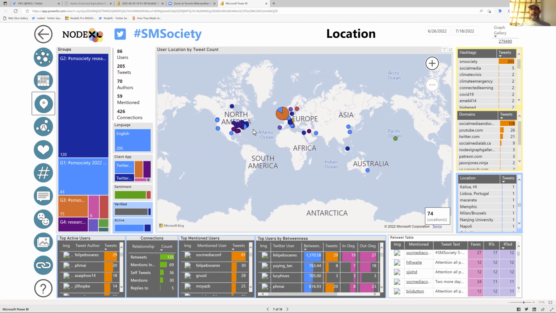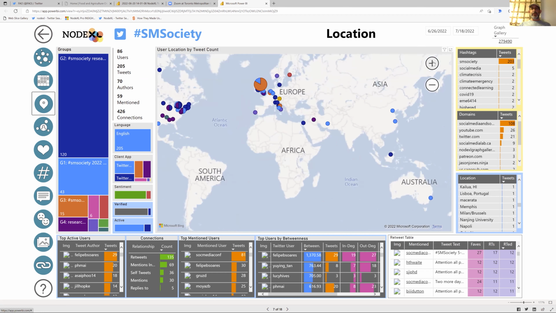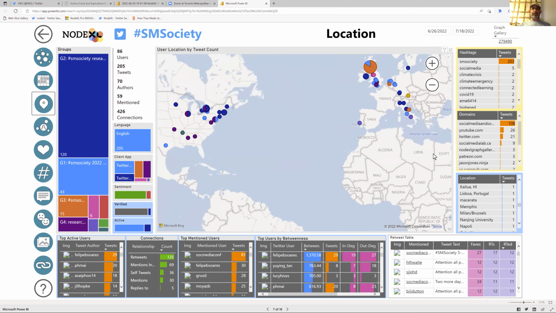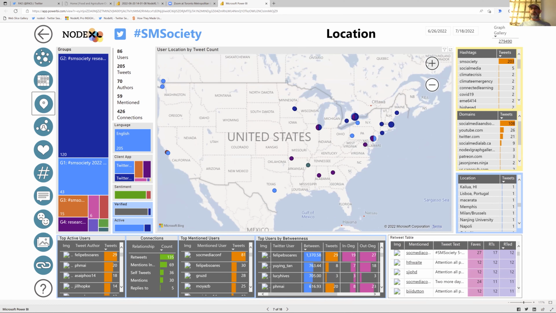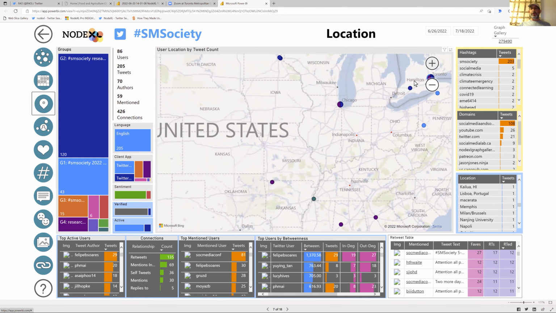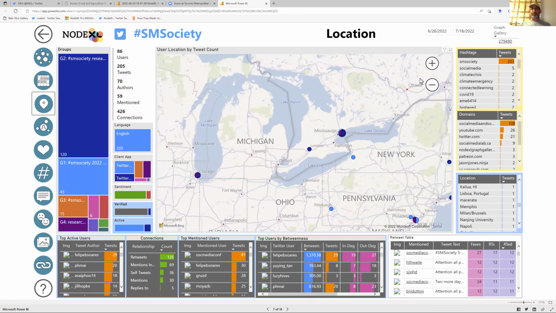It's true that not everybody is going to be mapped. If you didn't put your location in accurately, you're probably not going to be mapped accurately, but we can zoom down and often get to a remarkable level of geographic specificity.